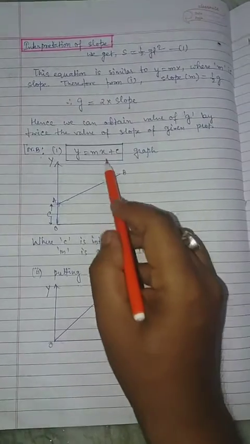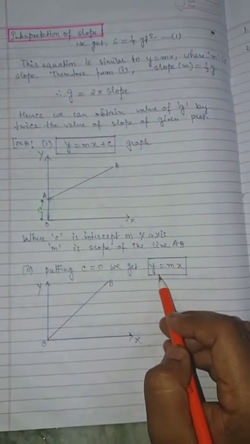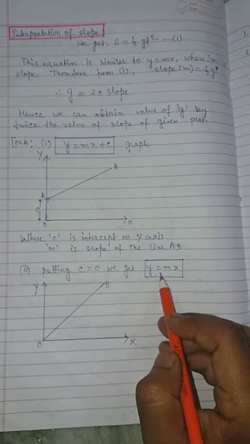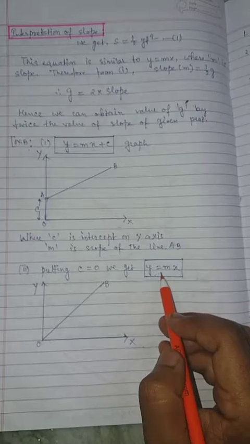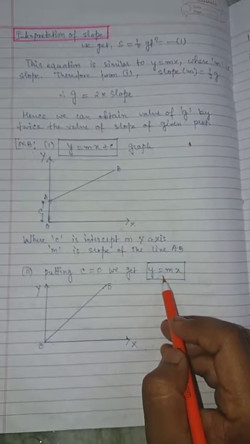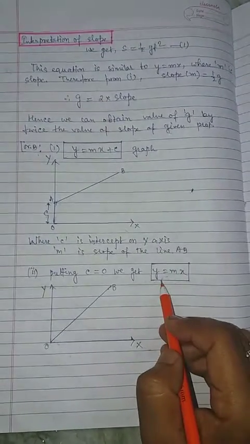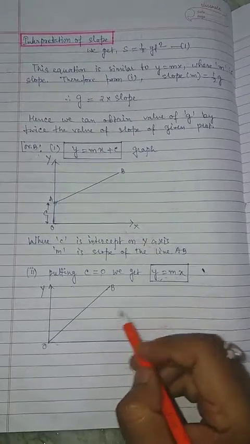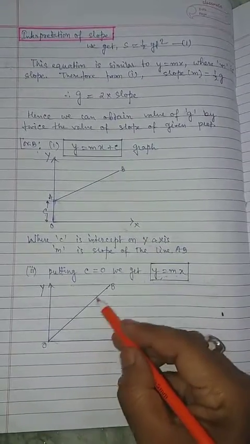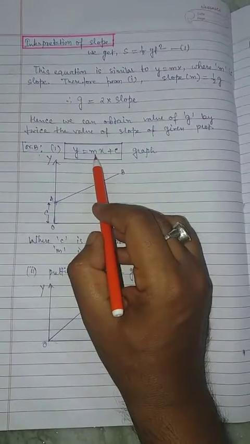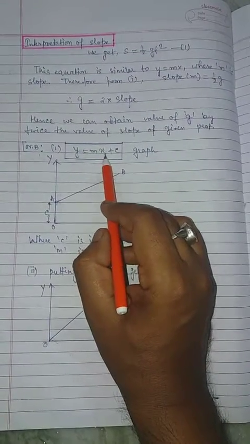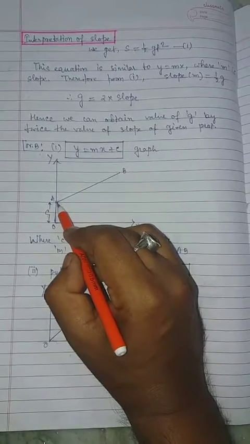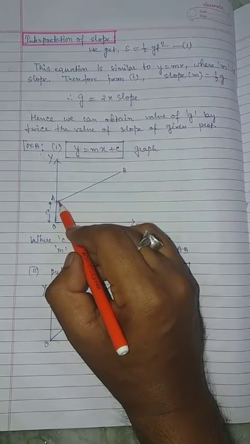These two equations are very helpful for calculation. You will learn about these two equations in class 10. You must remember, if y equals mx is considered, the line starts from the origin. If the straight line is y equals mx plus c, the line starts above the origin.